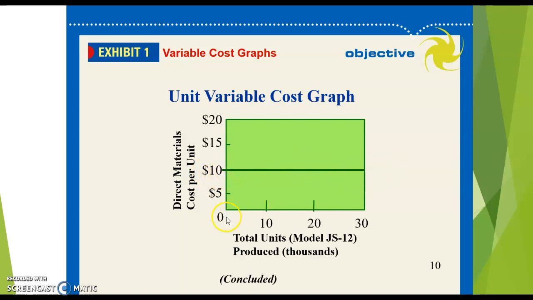And no matter how many we make, it's going to still cost us $10 per part. So the total amount we have to spend for parts goes up the more we make, but the cost for one set of parts stays the same.